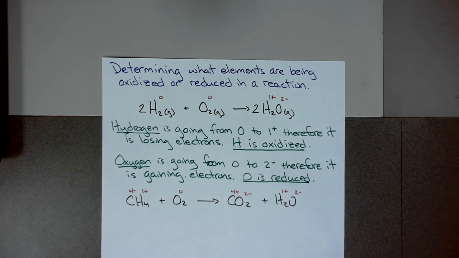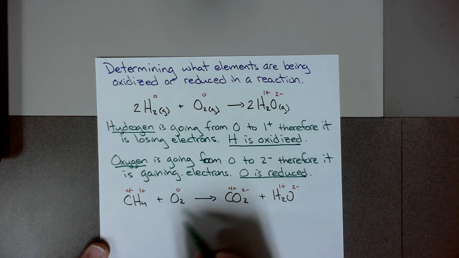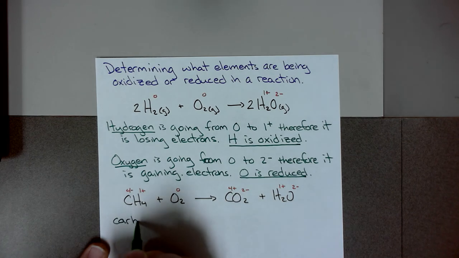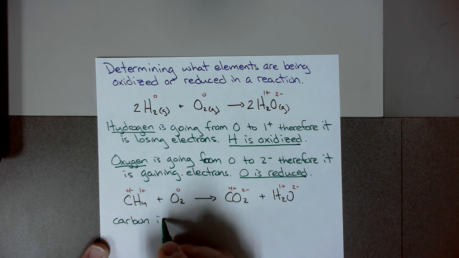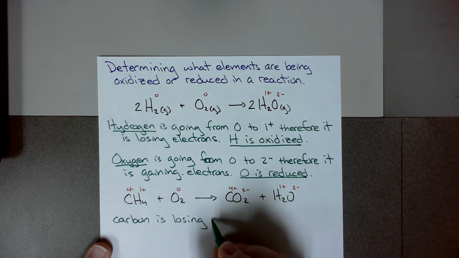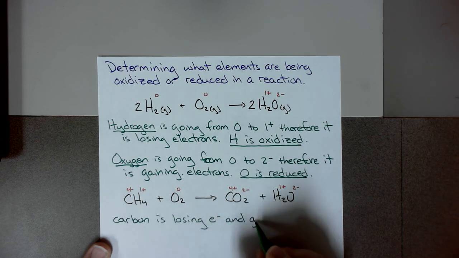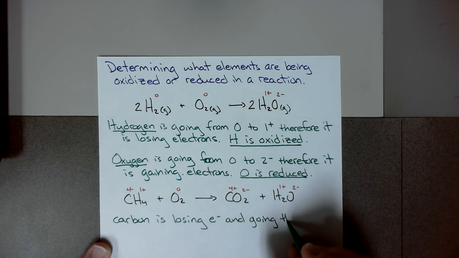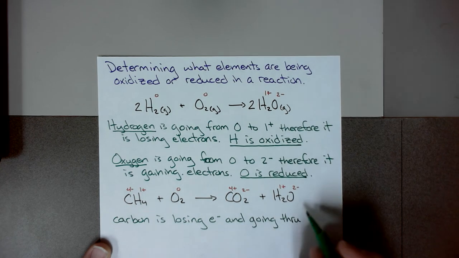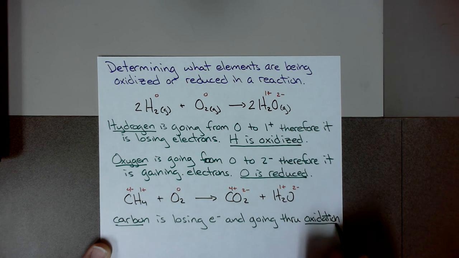So when we look at this, we see that carbon is going from a 4 minus to a 4 plus. So carbon is losing electrons, and loss of electrons is oxidation, OIL. So carbon is going through oxidation.